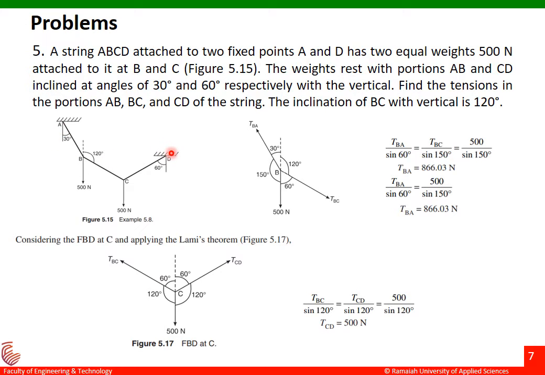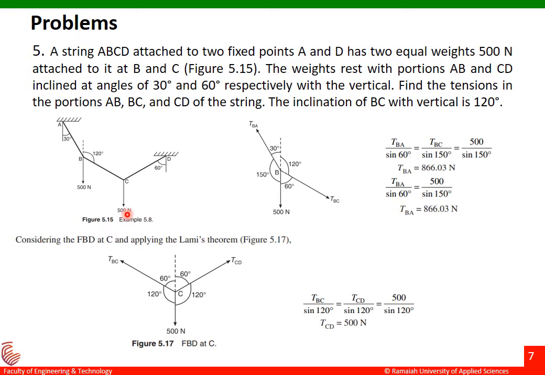Why? Because the forces acting are only one there. But at point B we have three forces, that is TBA, the weight, and TBC. Similarly at C also we have TCB, TCD and 500 Newton over there.